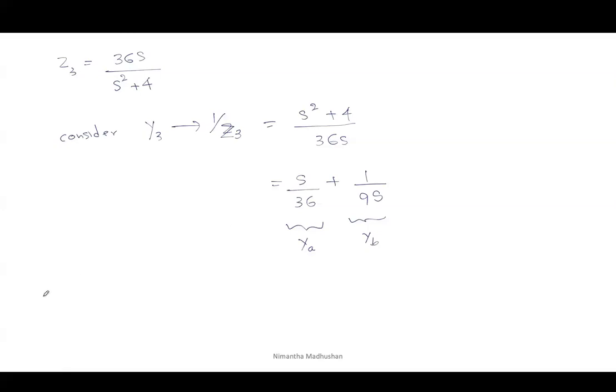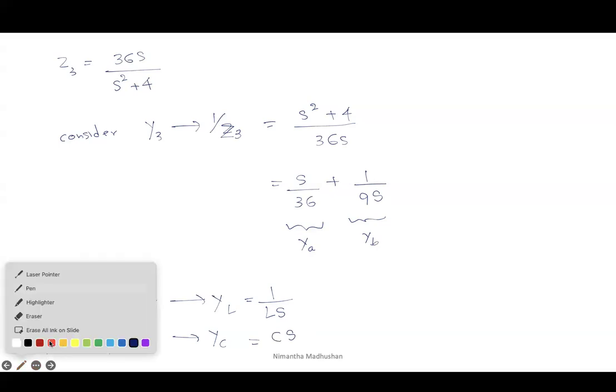If we consider the admittance value of an inductor, YL, we can write 1 over LS. And the admittance value of a capacitor, YC, we can write CS.